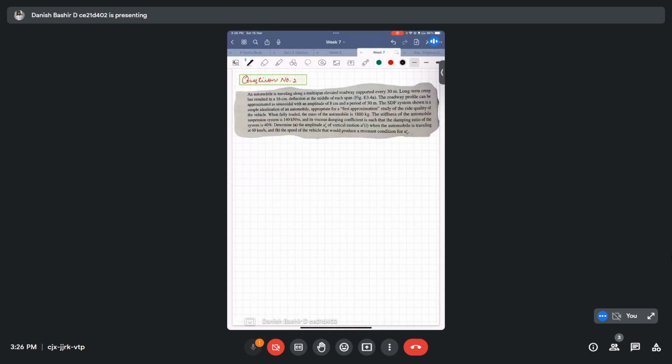An automobile is traveling along a multi-span elevated roadway supported every 30 meter.